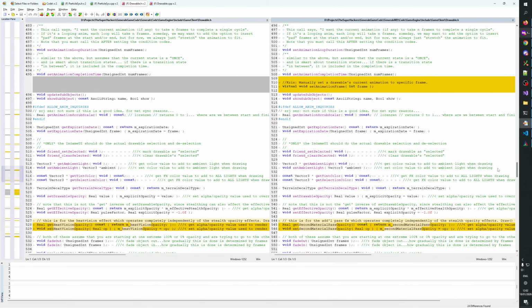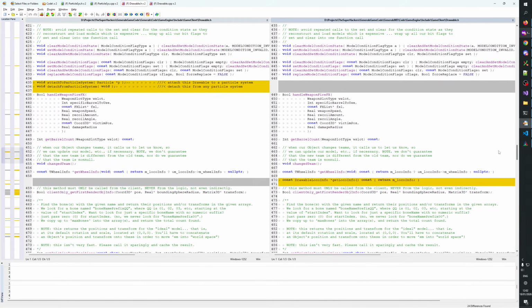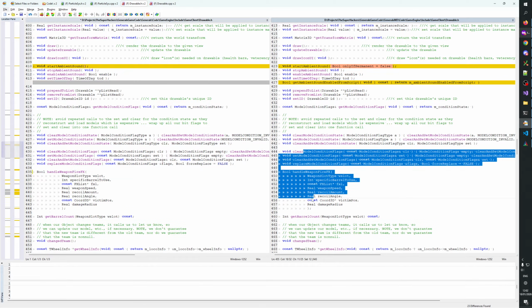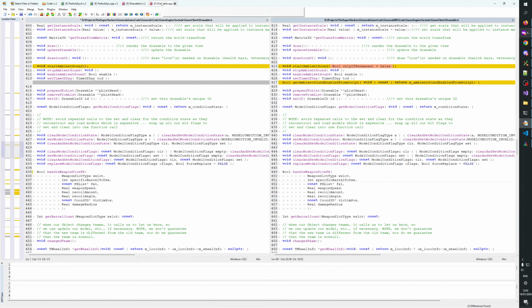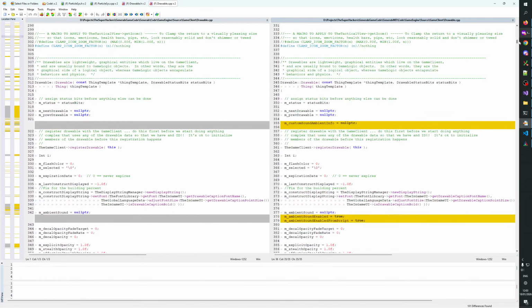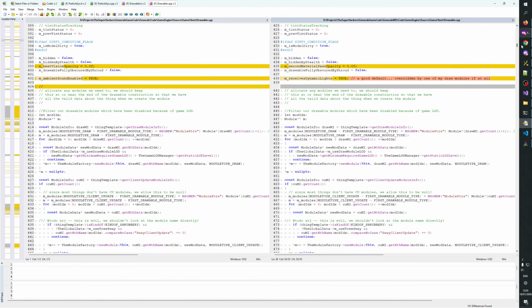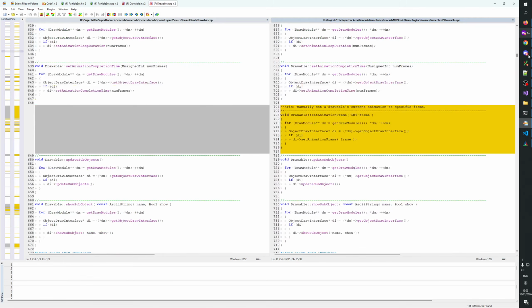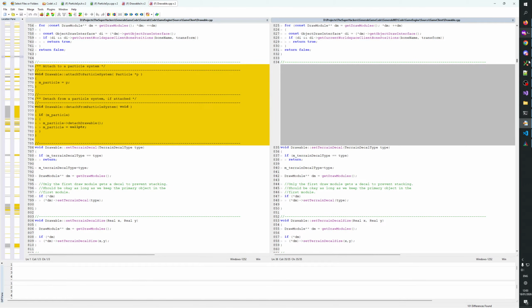Where is it? Here. Attach the ParticleSystem, detach from ParticleSystem. Good, then we remove these and then here.